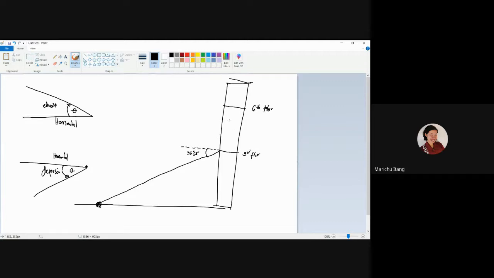For the sixth floor, let's say this is the horizontal line of the observer's eye on the sixth floor. Then from the horizontal line going down, this is now 58 degrees, 35 minutes, the angle of depression.